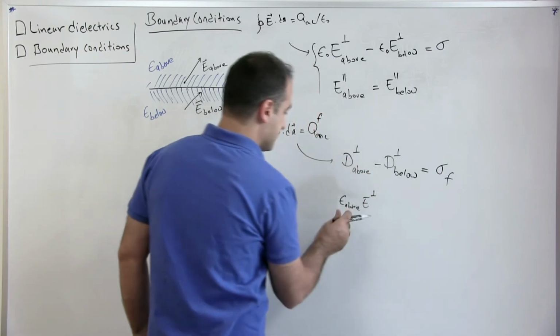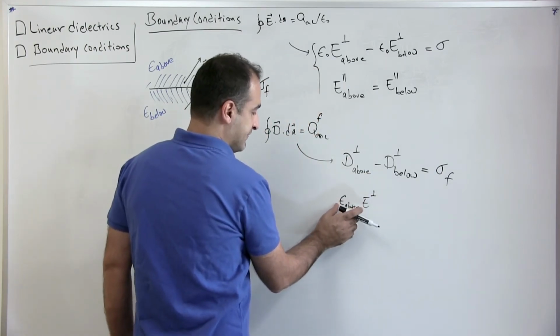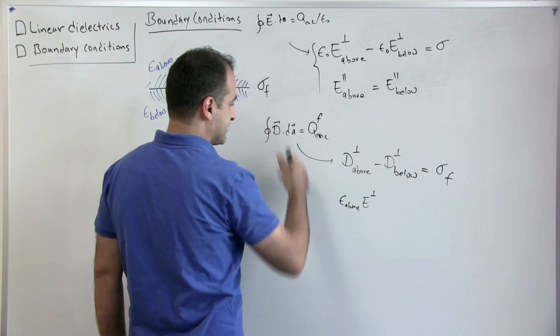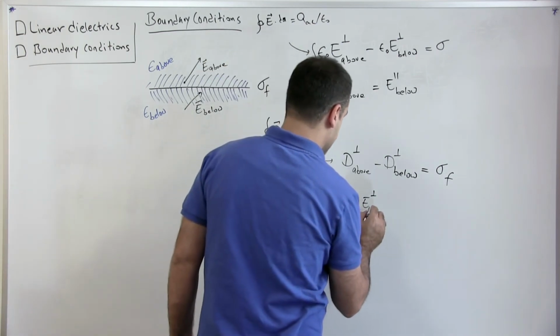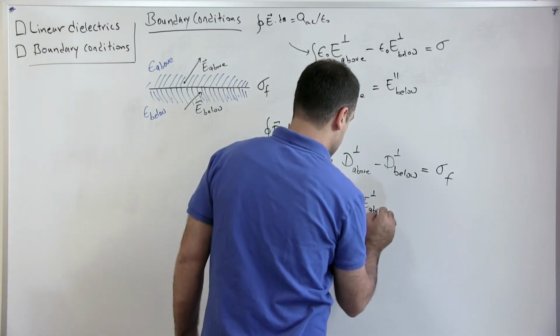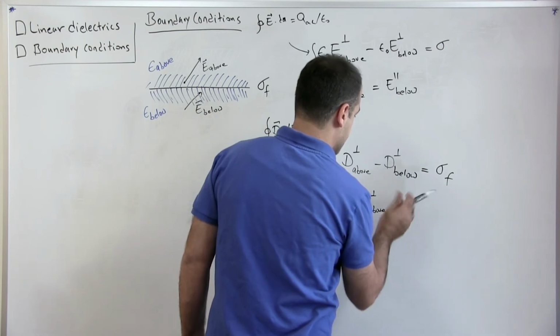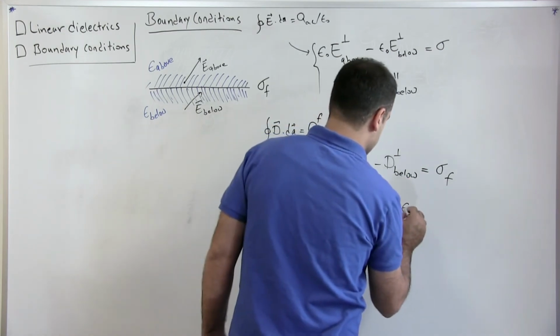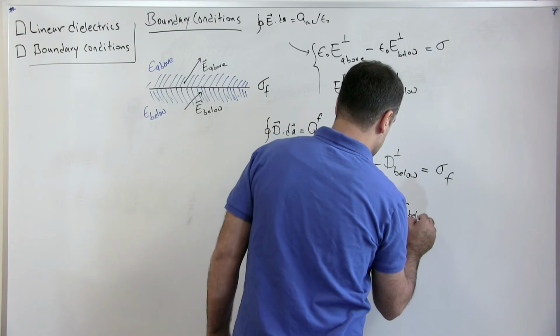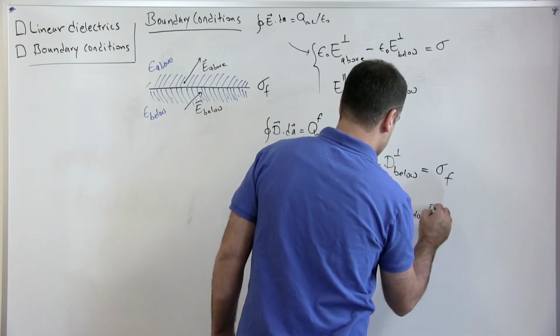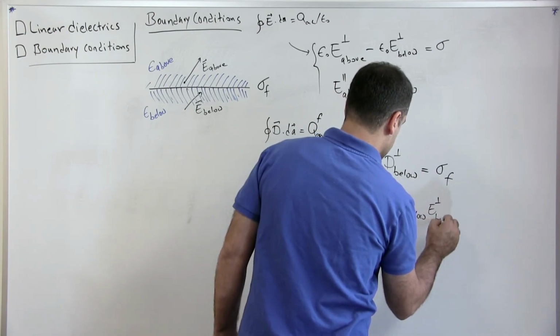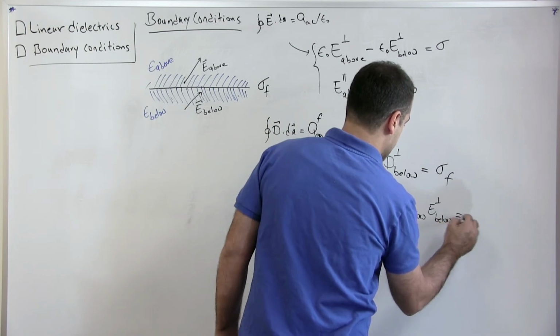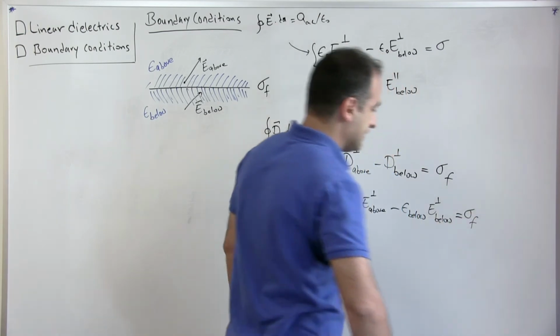So the first term becomes the permittivity of the dielectric above the surface times the electric field above the surface. And D below is the permittivity below the surface times the electric field below the surface. That should be equal to sigma F.